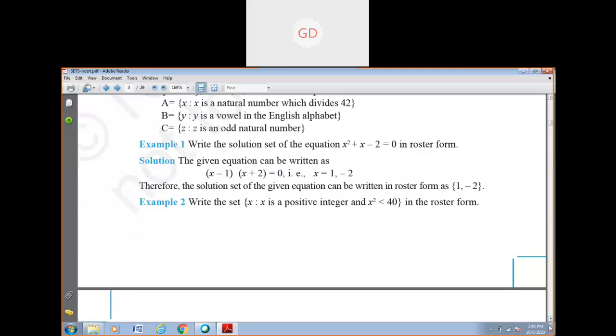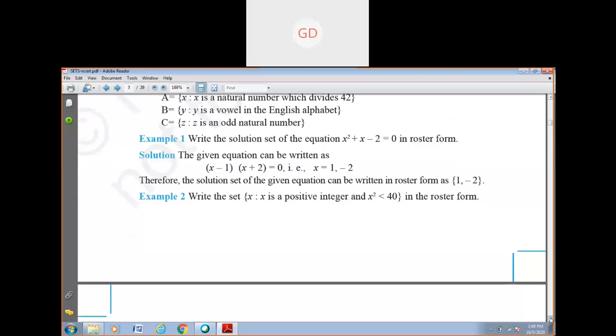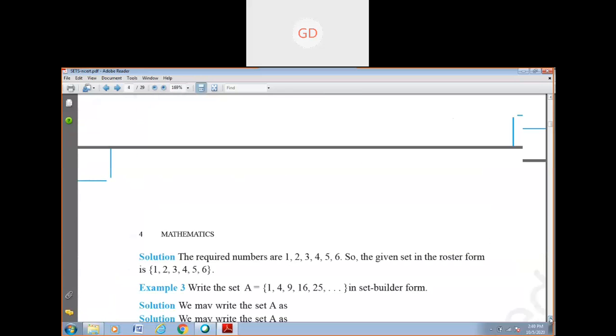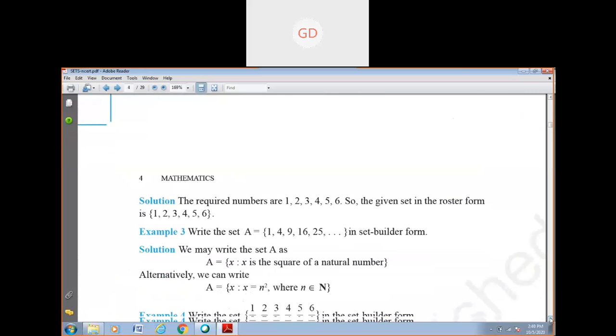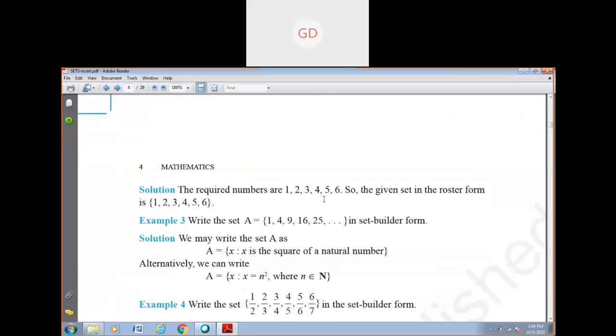In this way we can check whether the given condition is fulfilled or not. By simply checking, we can write the values of x within second brackets. If we put 1, 2, 3, 4, 5, 6 also, 6 square means 36, and 36 is less than 40. So 6 is also an element.